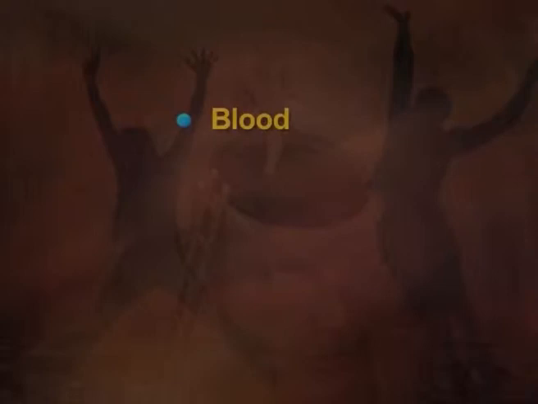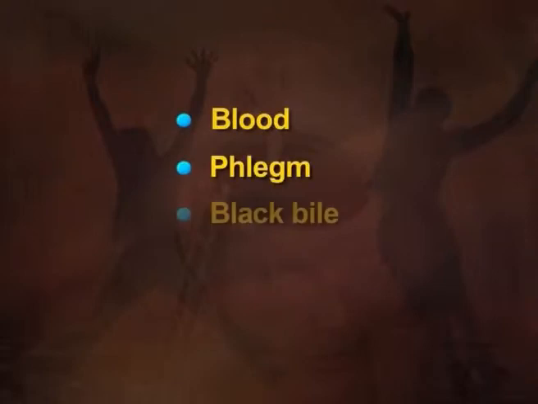One of the earliest type theorists was Hippocrates, the father of medicine. He said there are different humors in our body, especially 4 humors which play a vital role in influencing our behavior. These 4 humors are blood, phlegm, black bile and yellow bile.